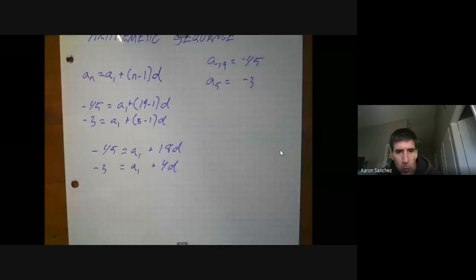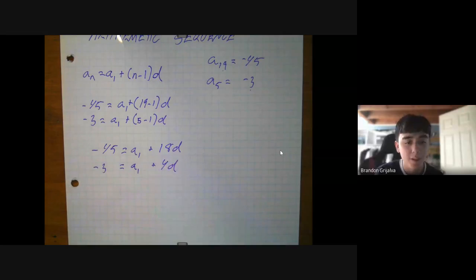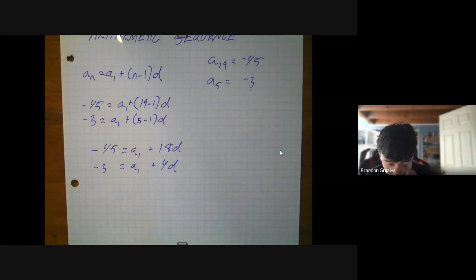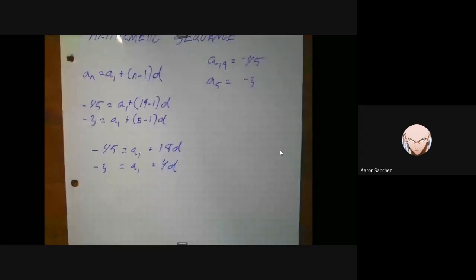Brandon, what do I do next? Hold on, let me flip back in my notebook. All right. While you're flipping, Annika, what do I do next? Well, we'll get back to Brandon.